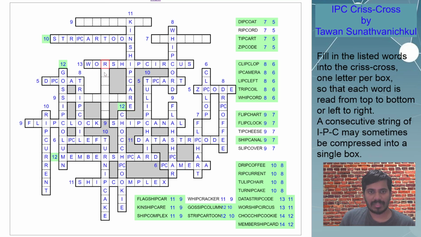We can look at this word. It has size 7. I missed here. So size 7 and starting with R, or no. Yeah, so there's only one word here, or not one word.